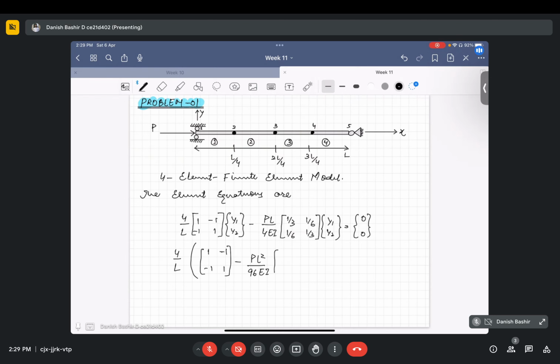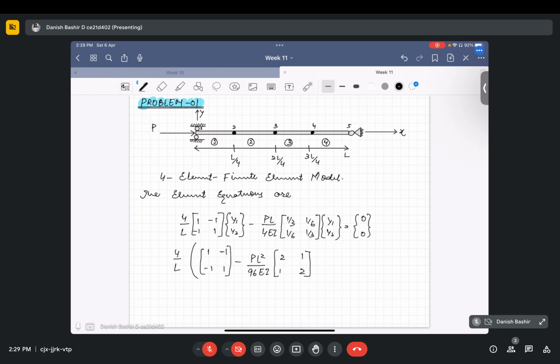You have taken 4 common, so you have to divide by 4 also, so it will be 4 3s are 12. It will be 2 here, 1 here, 1 here, 2 here.